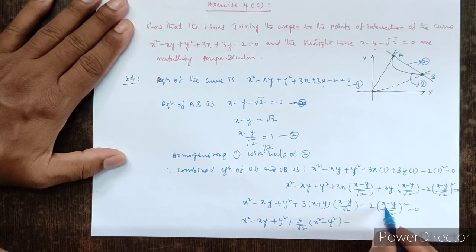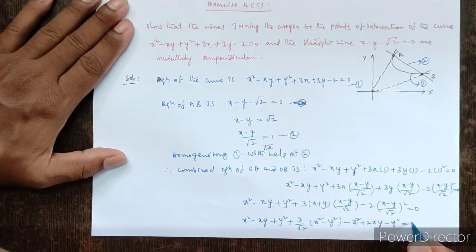So this can be expanded with a minus b whole square: x square minus 2xy plus y square, equal to 0.